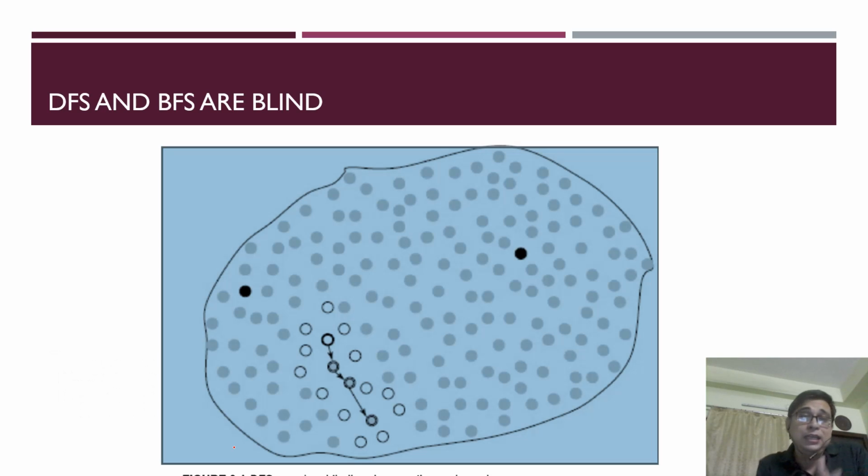Okay, all right. So as I said, DFS and BFS are blind search, which are also called uninformed search. So basically suppose when we are exploring, let's say this is a node, and somewhere here you are. Let's say you are at this node, and these are the neighboring nodes.